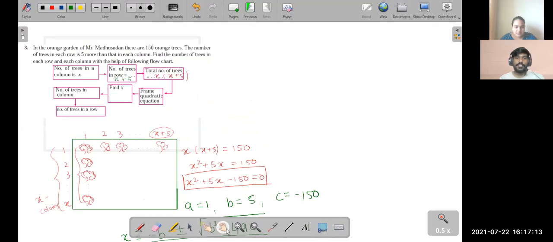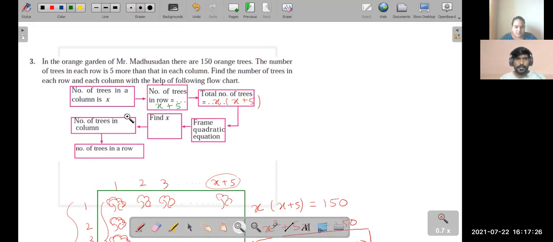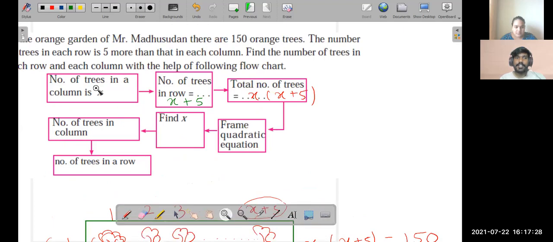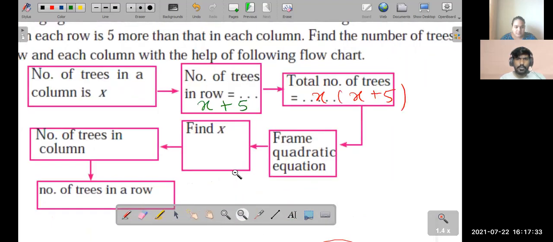But what is x? X is the number of trees in the column. No, that's not all. Just one more step. So if there are 10 trees in the column, how many trees will be in the row?